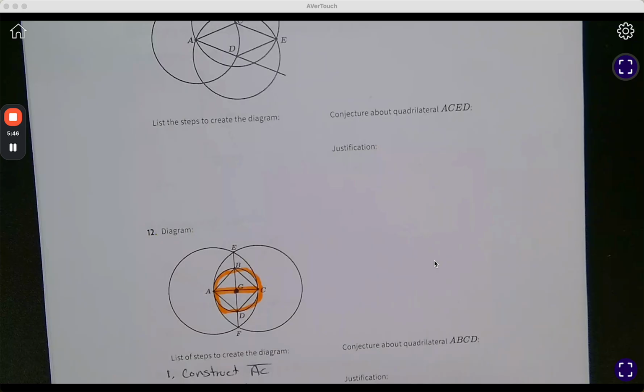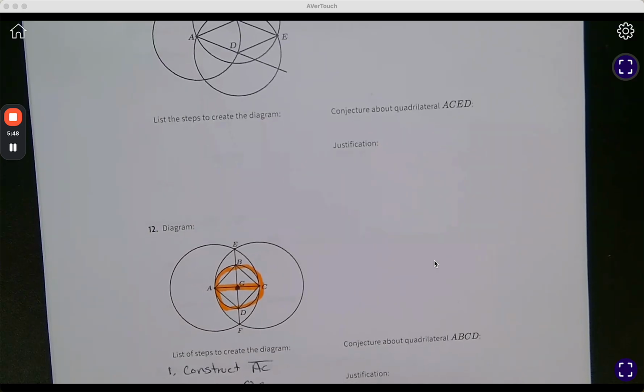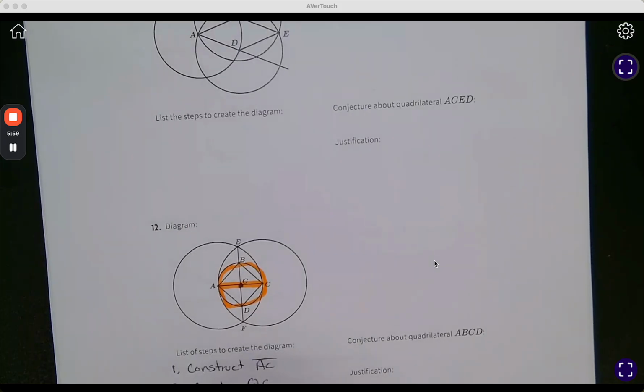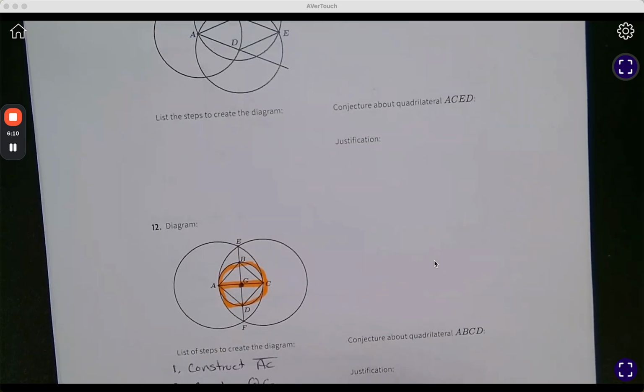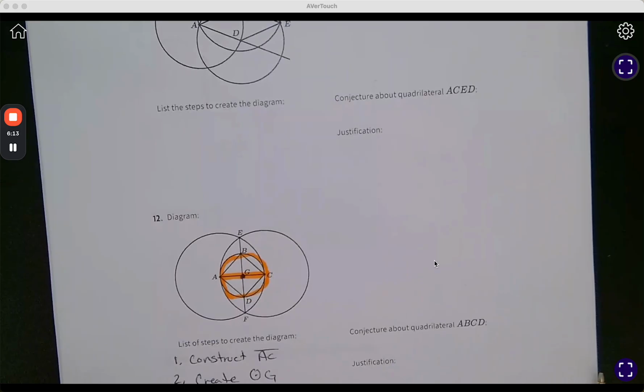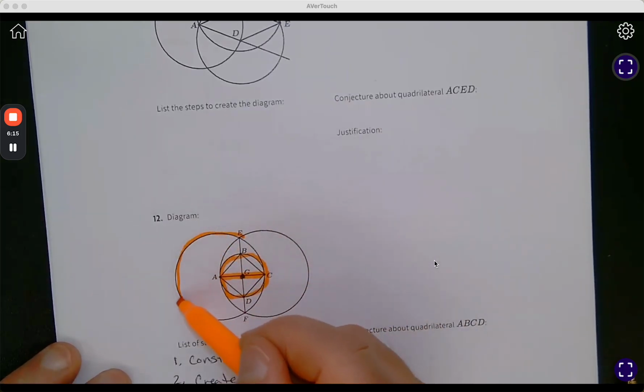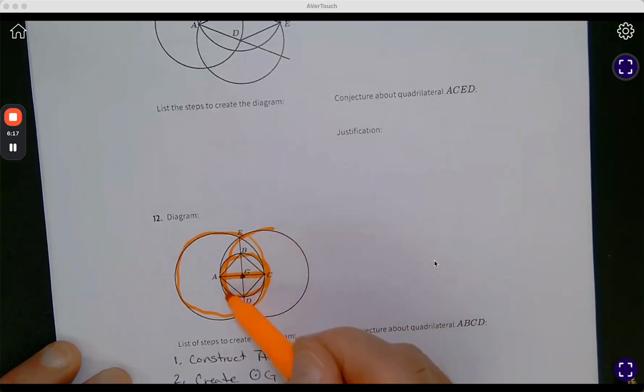Then I would probably do EF. No, I think I would then create circle A and circle C. Create circle A and circle C. That would be this circle and this circle.